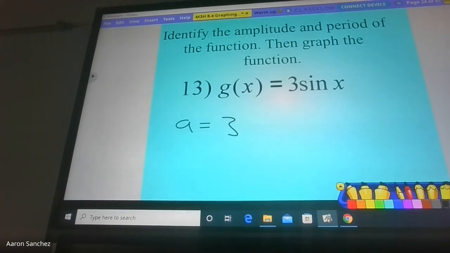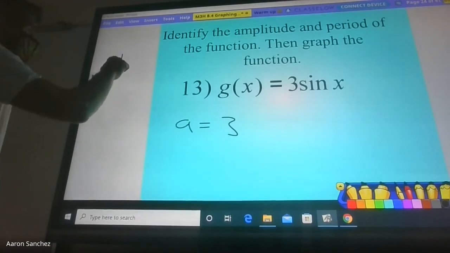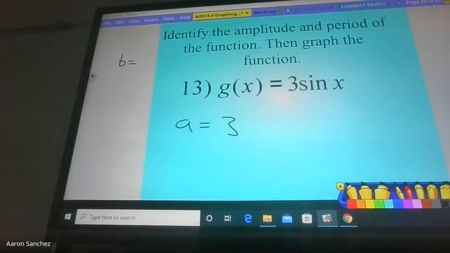Two over pi? Or 2 pi. Yes. Before I figure that out, Anthony is 100% correct. Before I figure out what the period is, what's my b equal to? The b is the number in front of x. What number is in front of x? That you can't see. Marcos, what number? Tell me. 1, right? You guys see that?